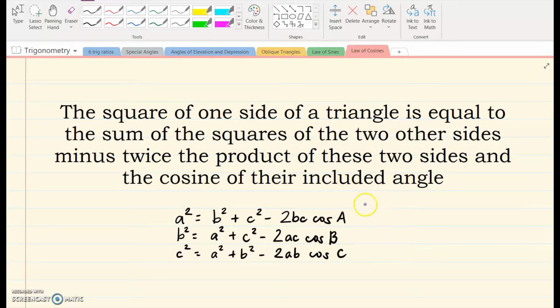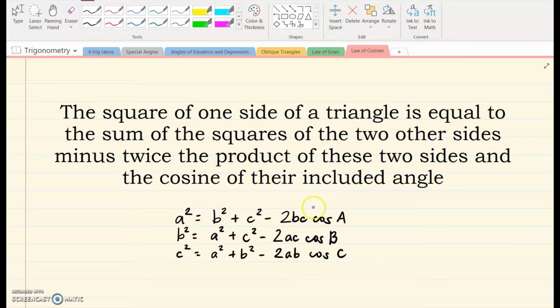Okay, so if we're going to look at the formula on how to solve for the law of cosines, the square of one side, so in this case, let's say a squared, is equal to the sum of the squares of the two other sides minus twice the product of these two sides and the cosine of their included angle.